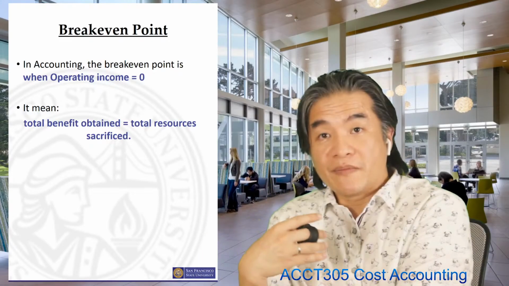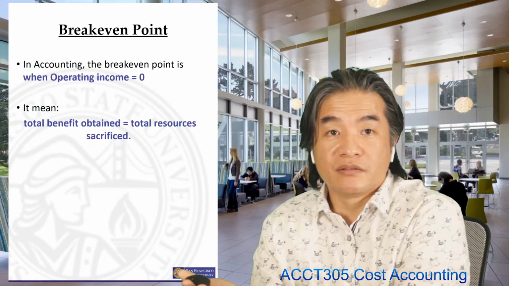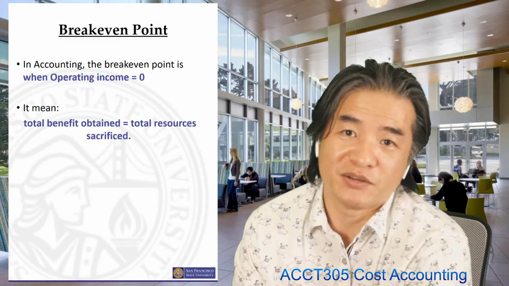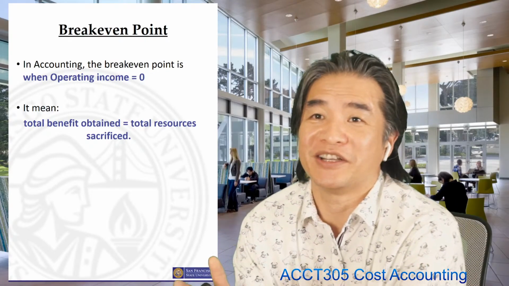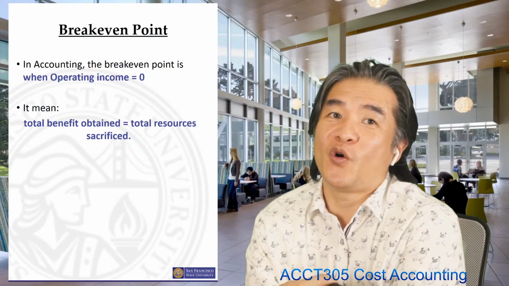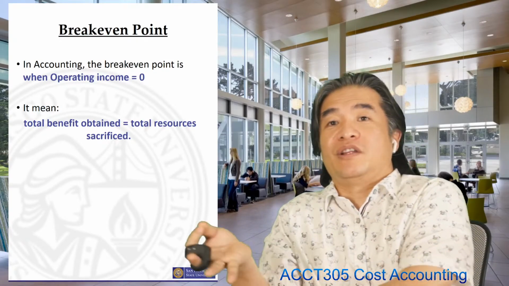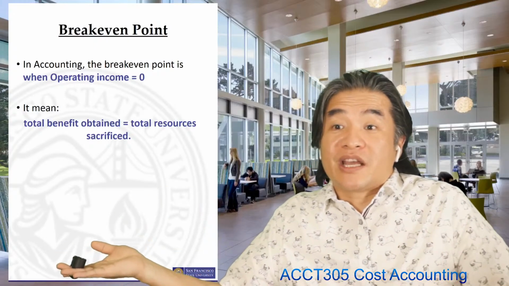Some of you may think, how about tax? If you're not making any operating income, you're not paying any tax. Don't worry, you don't need to calculate tax here. Before thinking about tax, your operating income is already zero, so you're not paying any taxes.